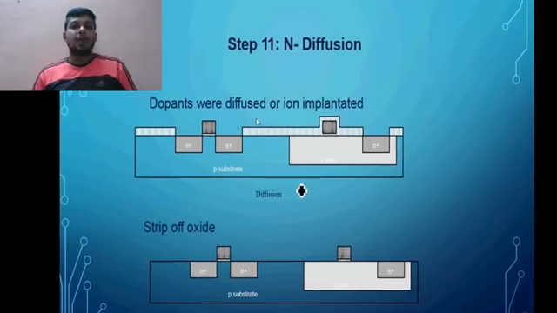So in this step, the dopants were diffused. Here you can see the N plus ion implantation. Again, we'll strip off the oxide layers.